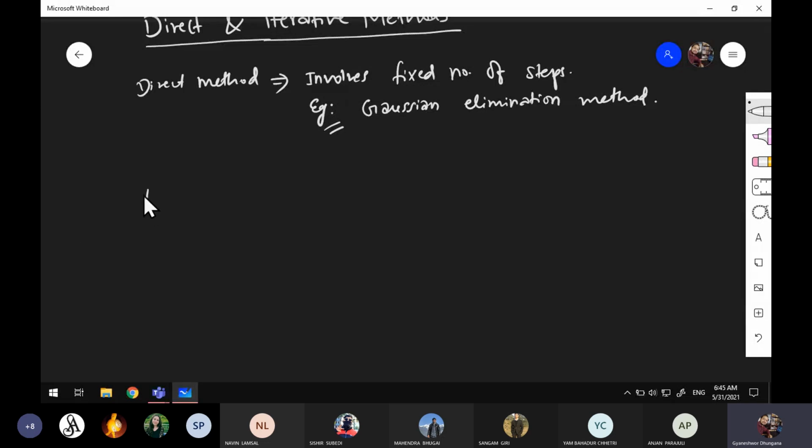Iterative method means, in iterative numerical methods, it does not necessarily stop after a certain number of steps. Okay, there is no guarantee that after these many steps the problem will stop.